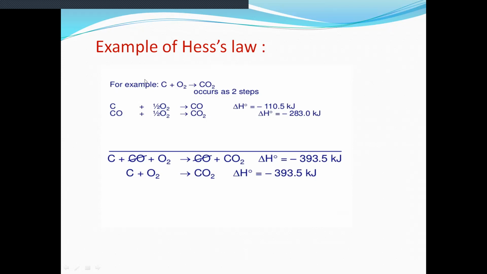So in first case, carbon dioxide gas is obtained by heating carbon in excess amount of oxygen, it is minus 393.5 kilojoule.